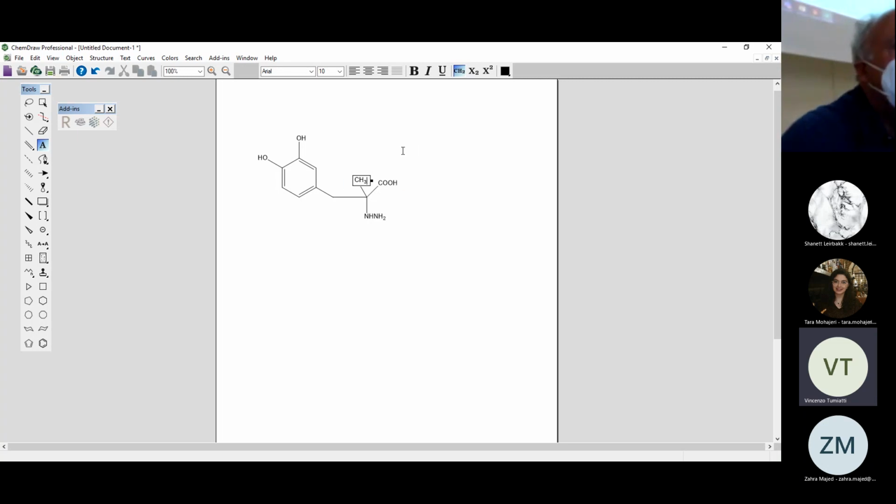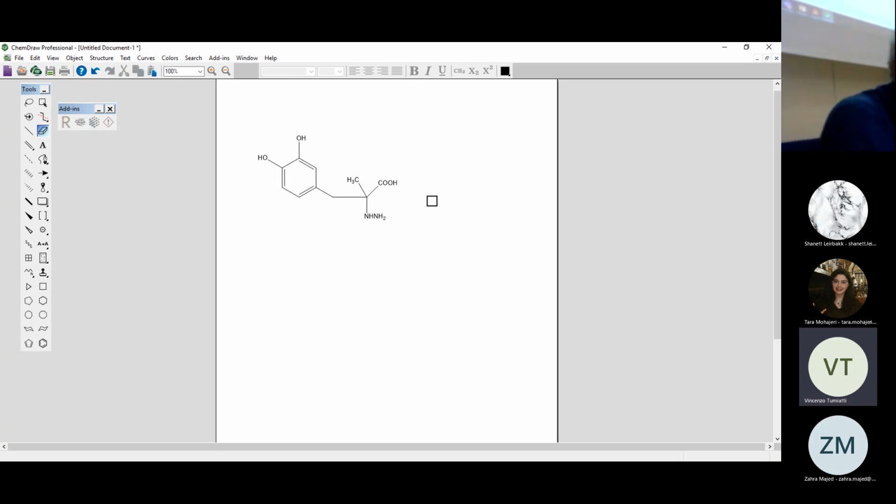If you see the chemical structure, it's like an amino acid. The amino group is replaced by the hydrazino group, but there is still the acidic group.